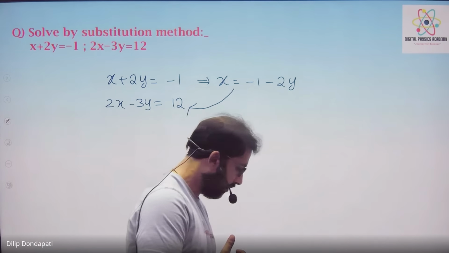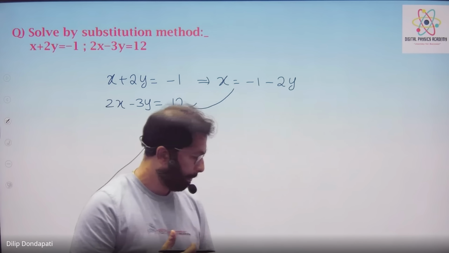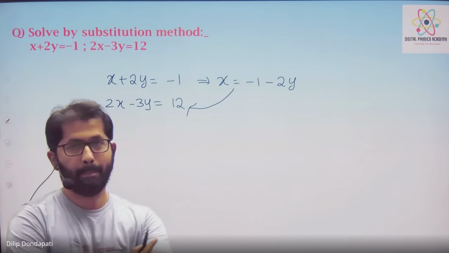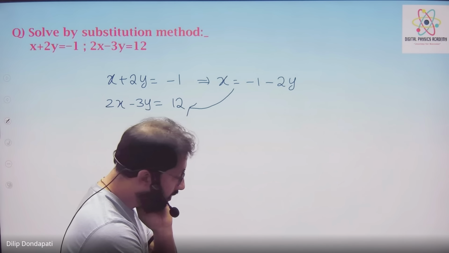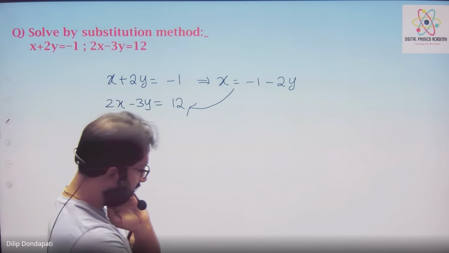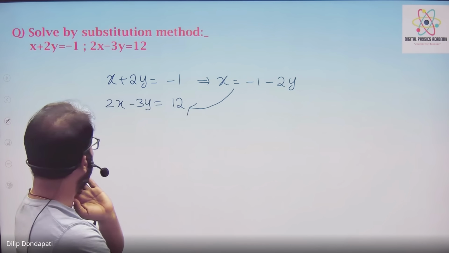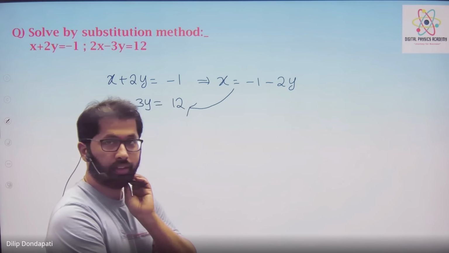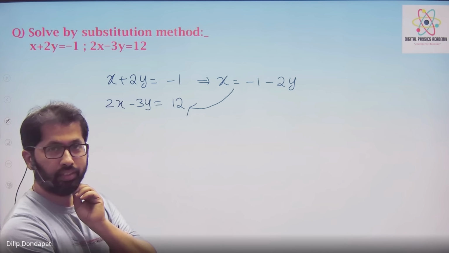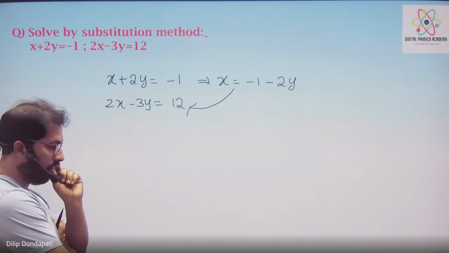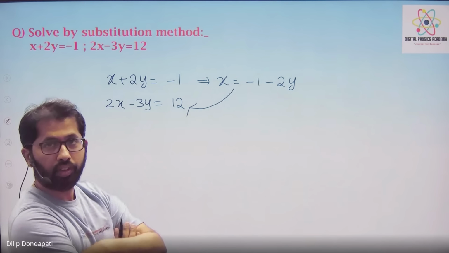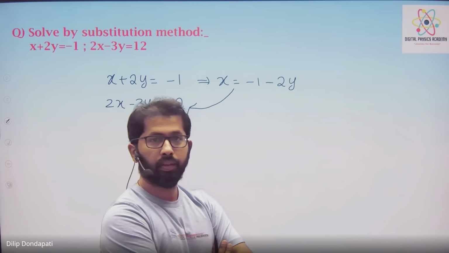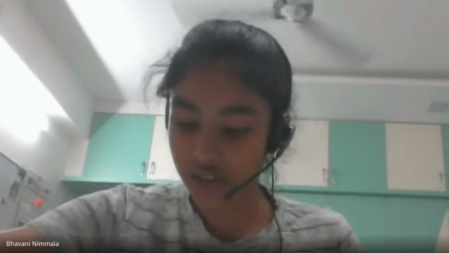How much is the answer? So y is equal to -10. y = -10? No. Sir, -2. Yes, -2. So it's -2. Yeah. X value, substitute in any one equation, substitute in this one, it will be done. Find the x value. So is it -5?